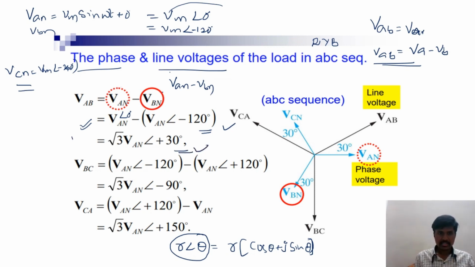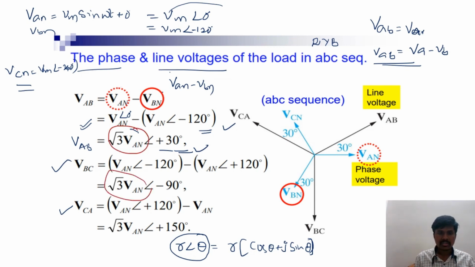That means here this VAB is equal to root 3 times of VAN at an angle plus 30. So if you solve this for any line voltage, we are going to get root 3 times of VAN.